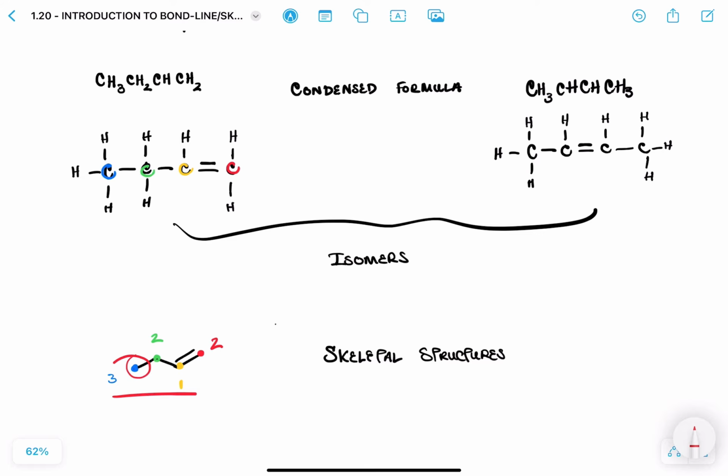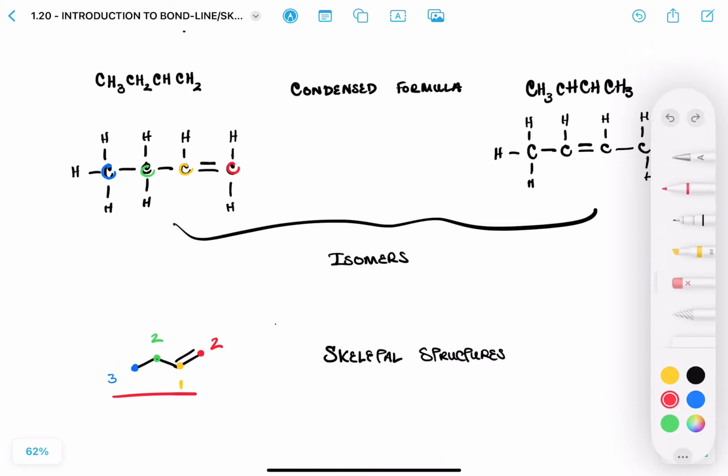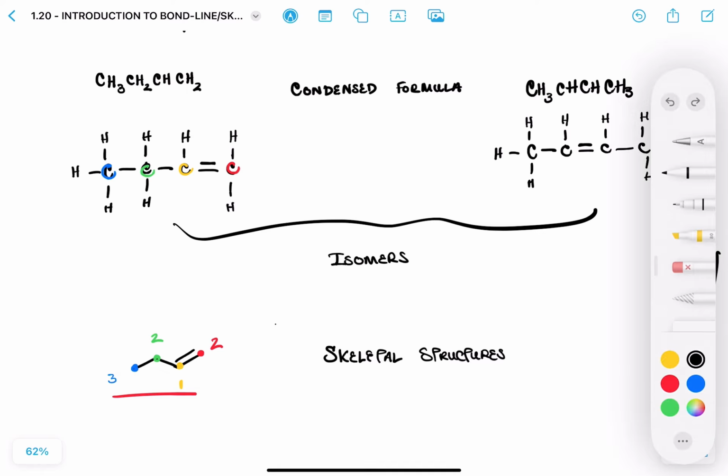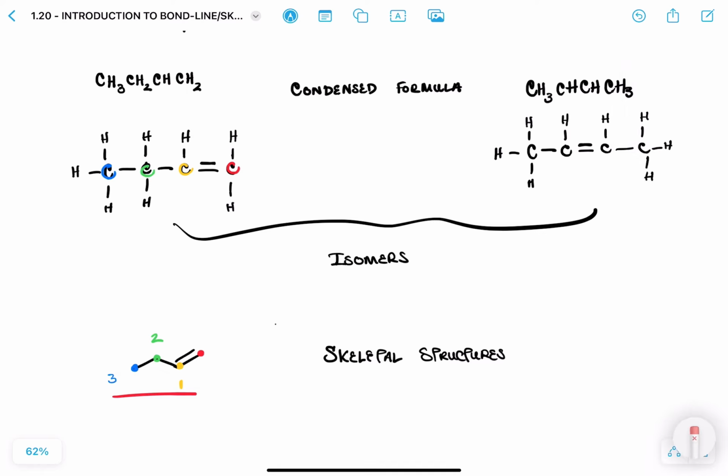So that means I'm going to have 3 implied H's. Let me change the colors to make it less confusing. So we're going to have 3 implied H's here because we only have 1 bond. And that 1 bond is to the green carbon. And so this, without the implied hydrogens, and let me go ahead and erase everything around it, is our skeletal structure.